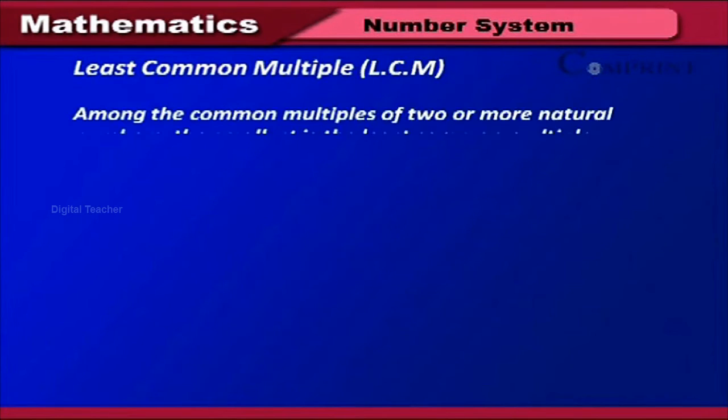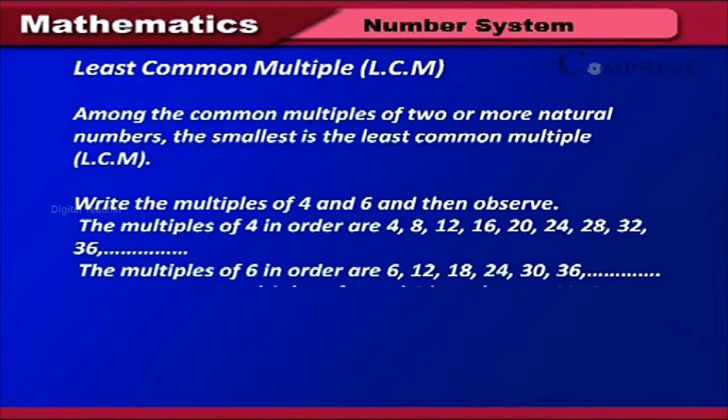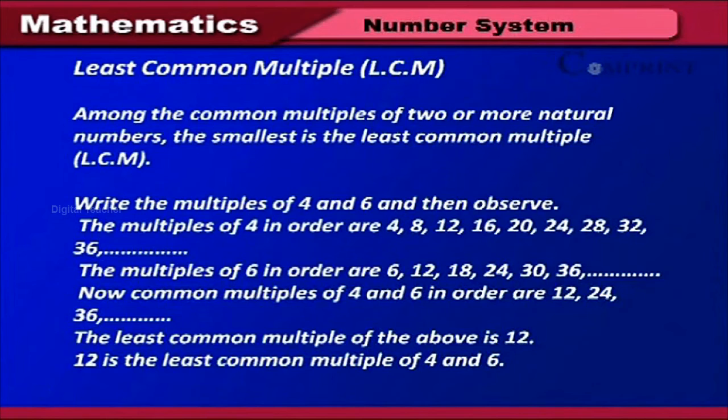Least common multiple, LCM. Among the common multiples of 2 or more natural numbers, the smallest is the least common multiple, LCM. Write the multiples of 4 and 6 and then observe. The multiples of 4 in order are 4, 8, 12, 16, 20, 24, 28, 32, 36.